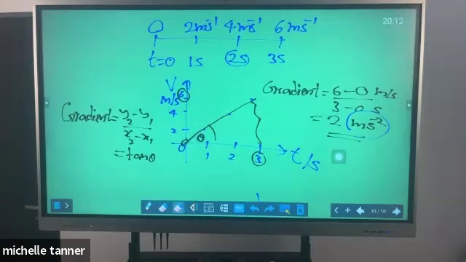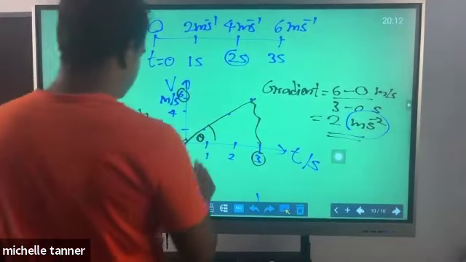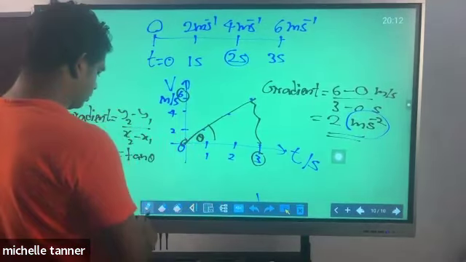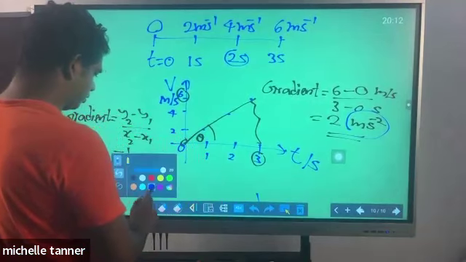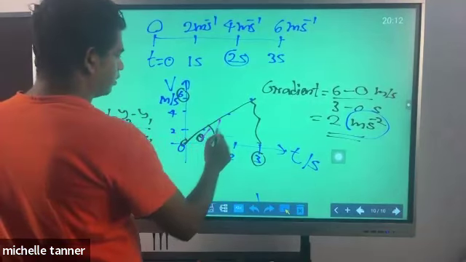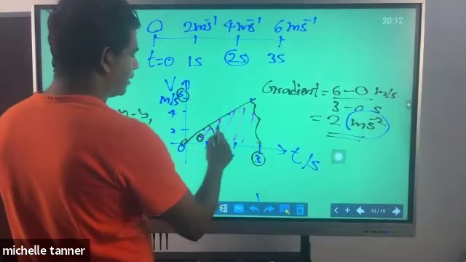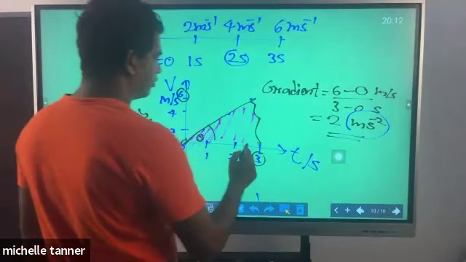Then next, write down the area covered by the graph. Now, what's the area covered by the graph?